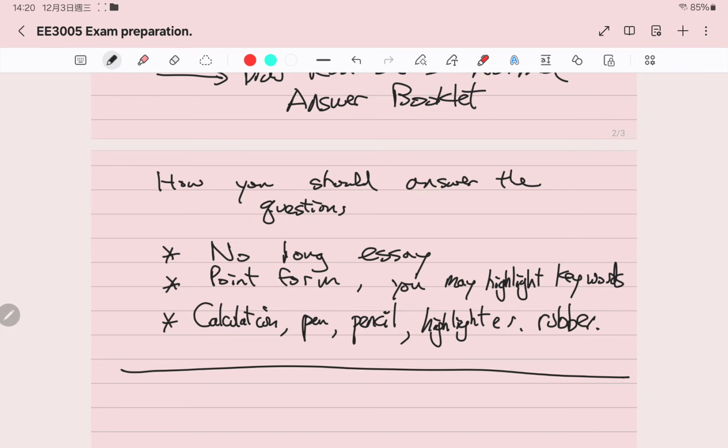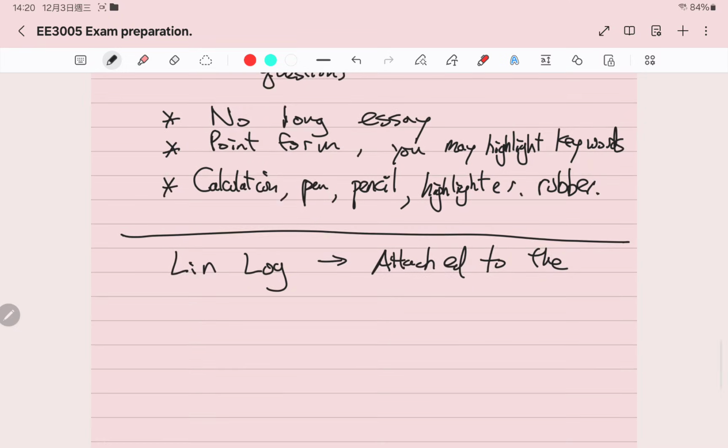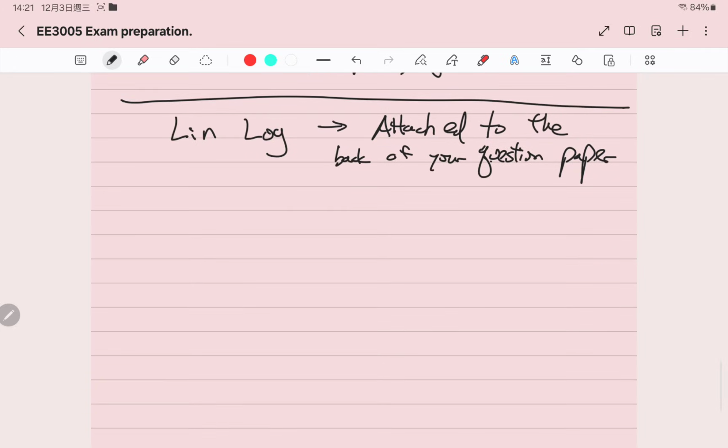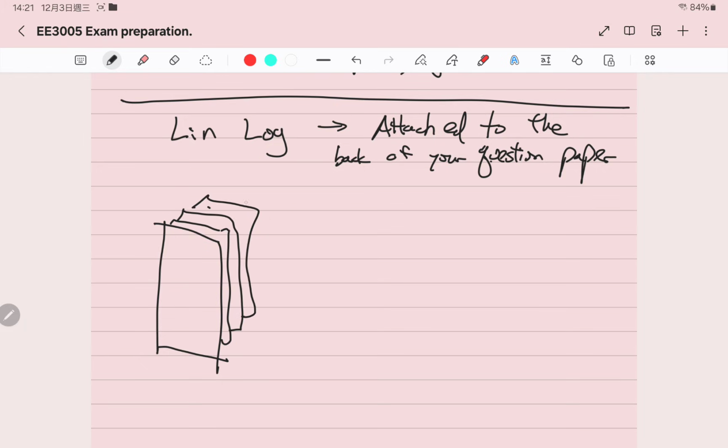Now about the lean log graph paper, it is attached to the back of your question paper. So what you need to do is like this. You receive your question paper, there are many pages like this, and at the back there is the lean log graph paper.